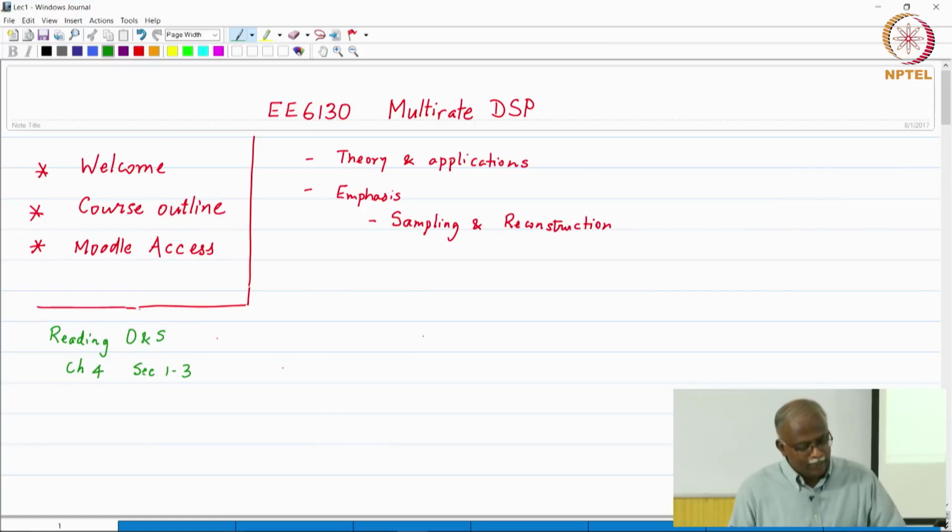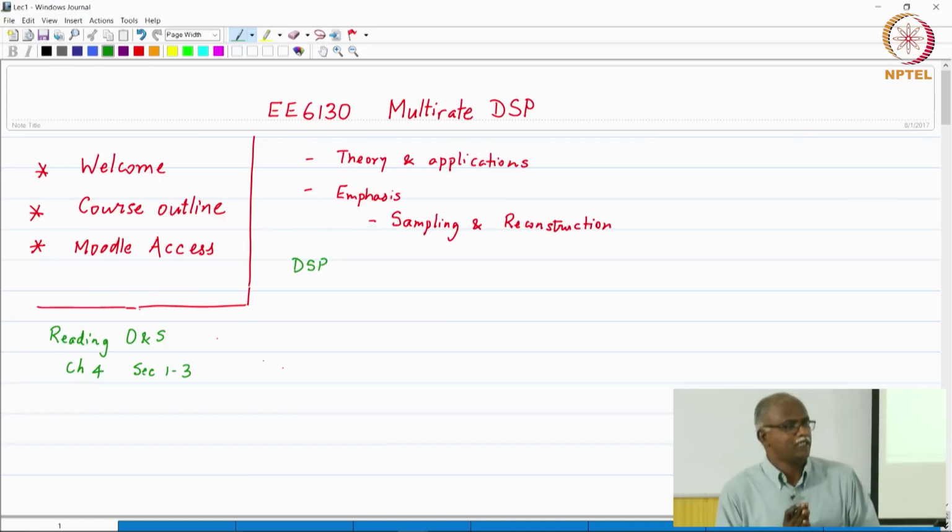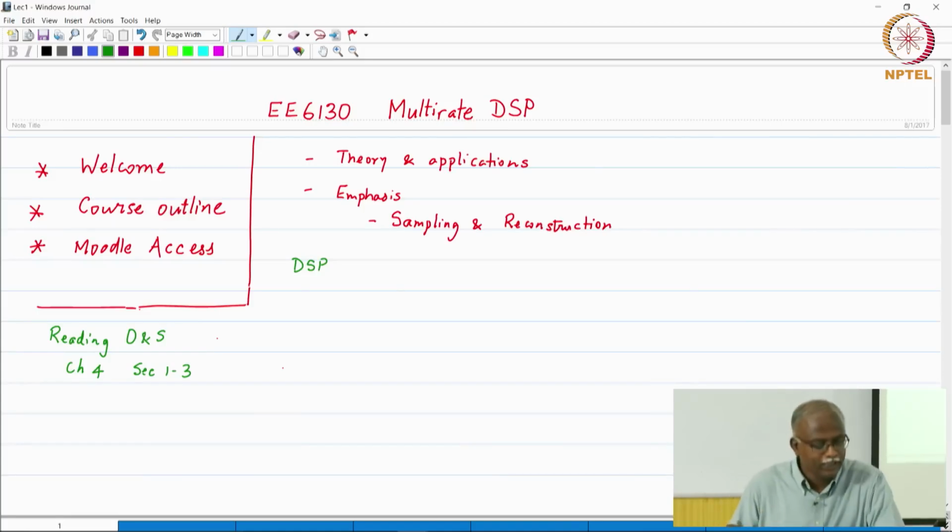Let me start by giving a flavor of what exactly we are referring to. When I talk about DSP, probably the picture that comes to the minds of most students is that we are talking about LTI systems. Am I right? This is an LTI system. LTI systems can always be characterized by means of an impulse response.